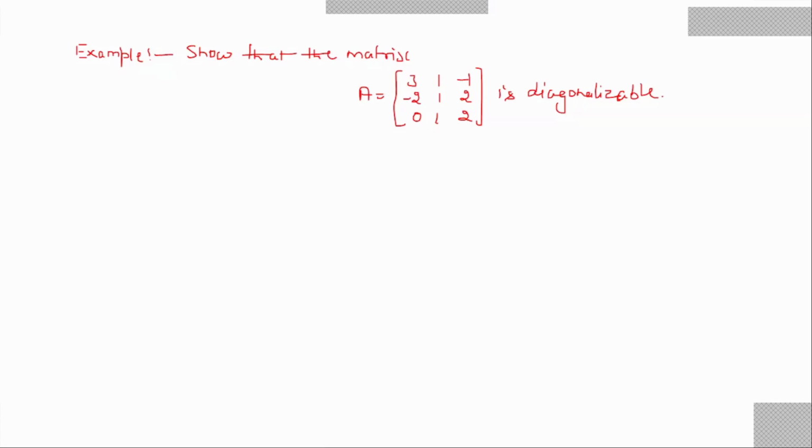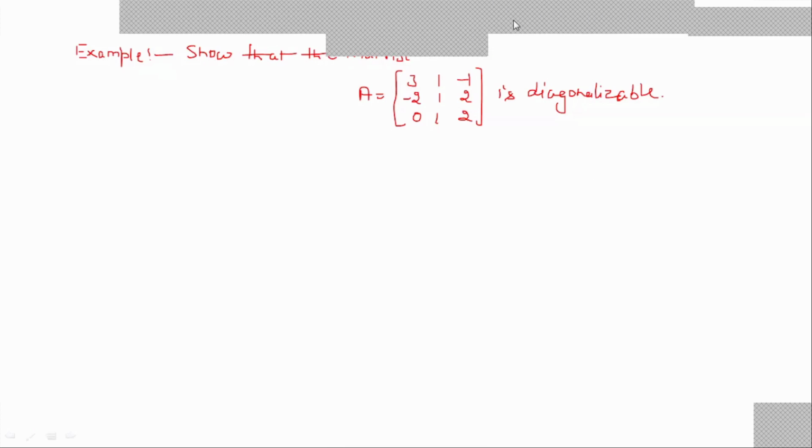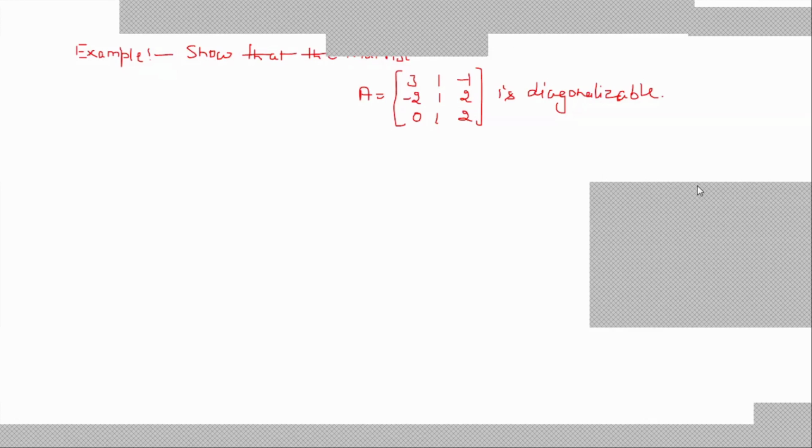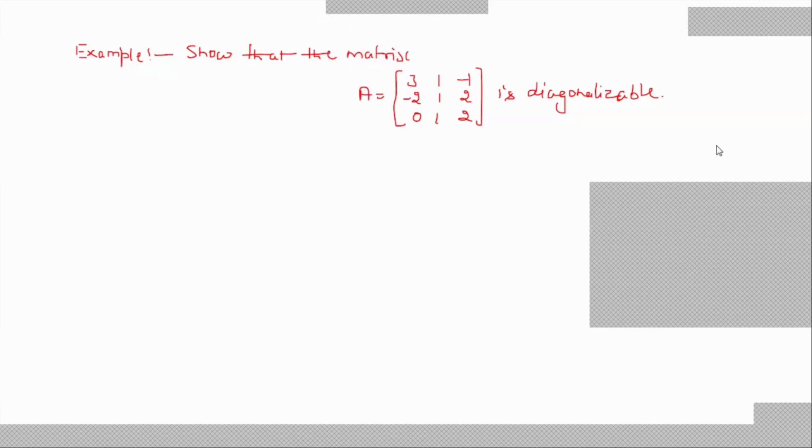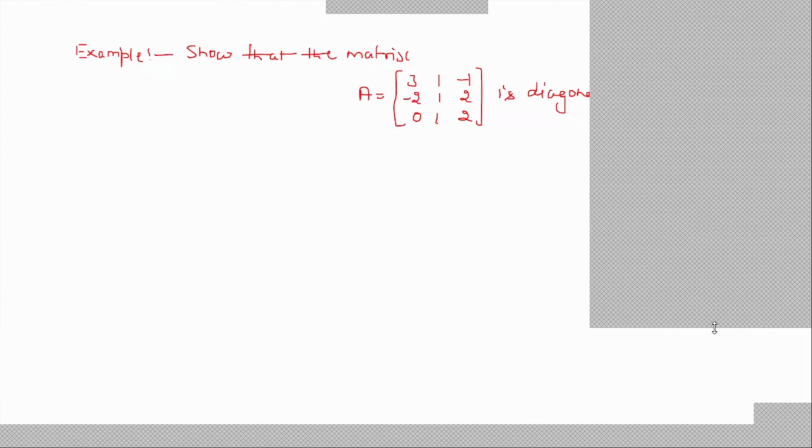You have to show this is diagonalizable. If it has 3 linearly independent eigenvectors, then this matrix will be diagonalizable. What are the eigenvalues of this matrix?